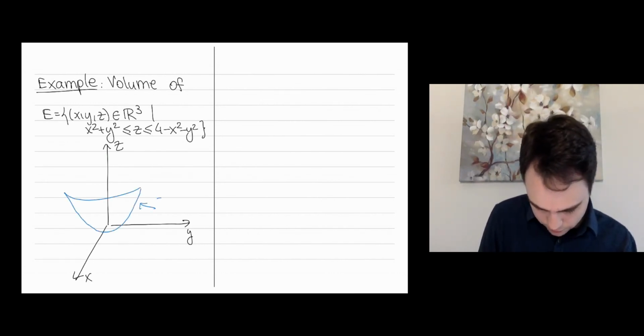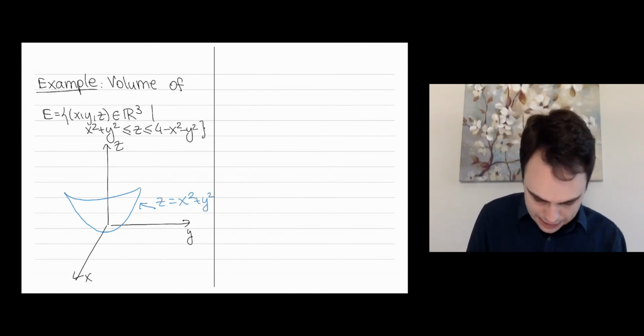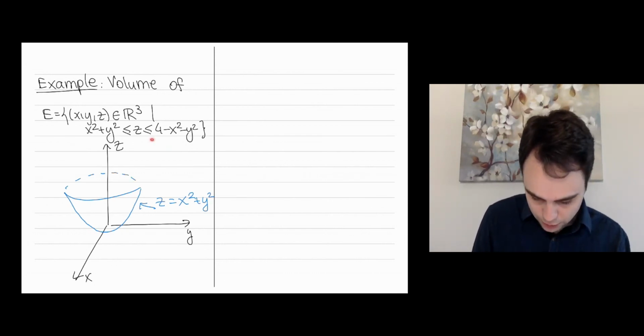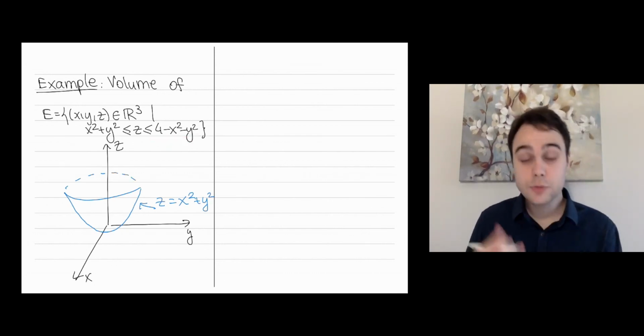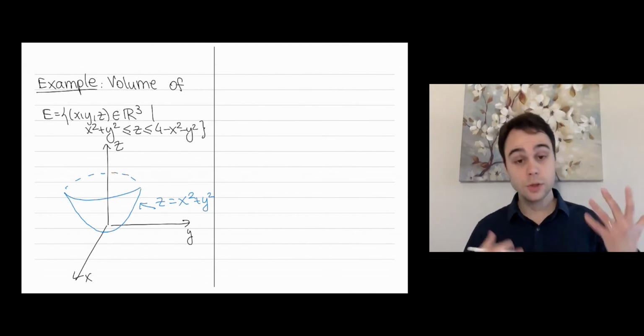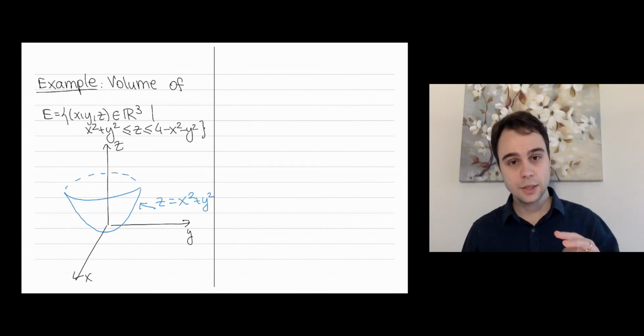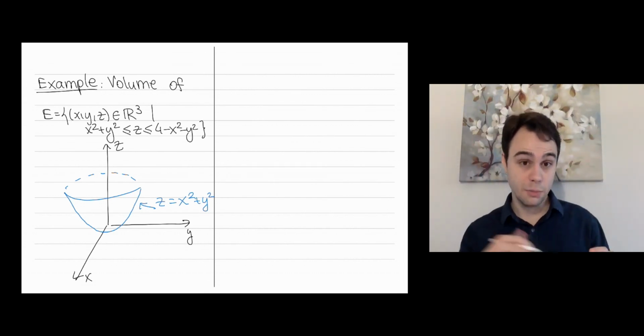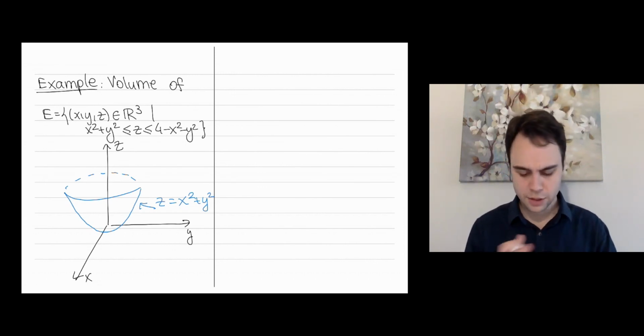Here's what it looks like. Down here, z is equal to x squared plus y squared. And on the upper bound, z equals 4 minus x squared minus y squared is also a familiar shape. There's a constant, it's shifted up, and there's a minus in front of x squared plus y squared.